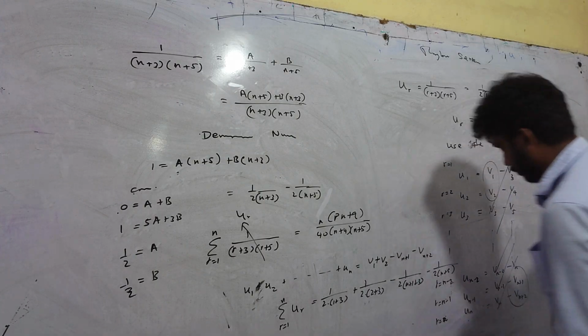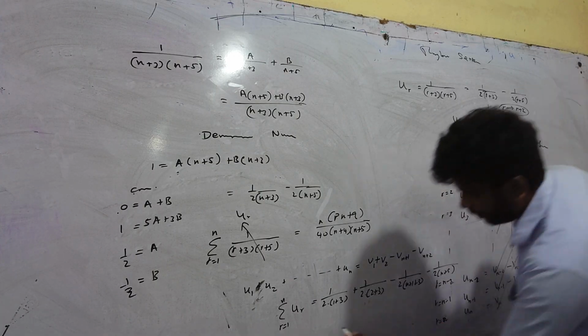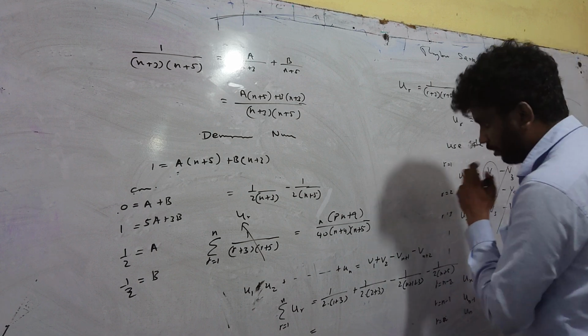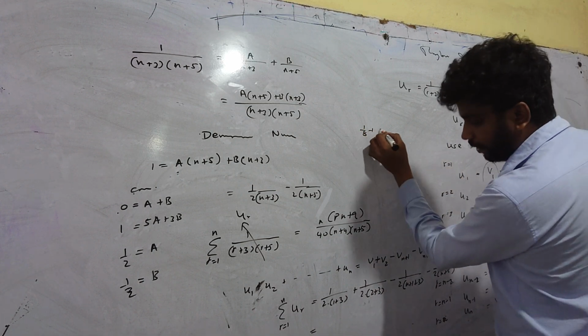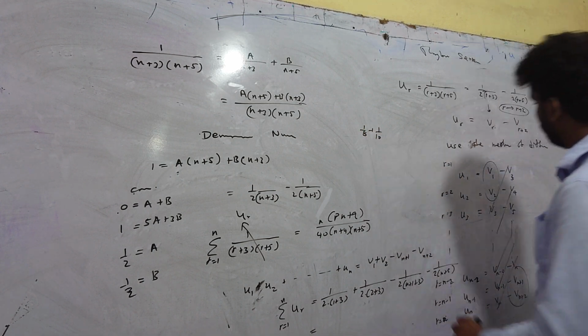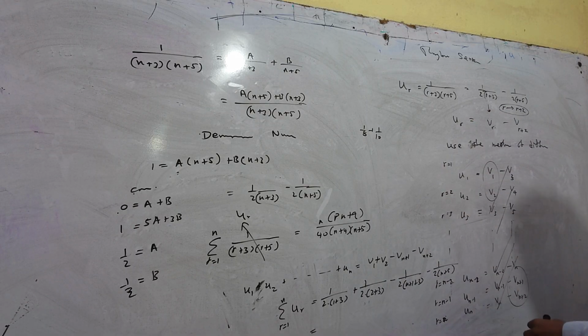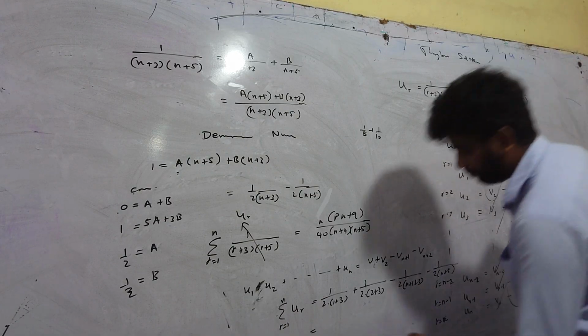Then we can simplify this further. You can use a calculator, right? 4 times 2 is 8, and 5 times 2 is 10. So this is 1 over 8, and this is 1 over 10. What's the common denominator? That's 40, right?